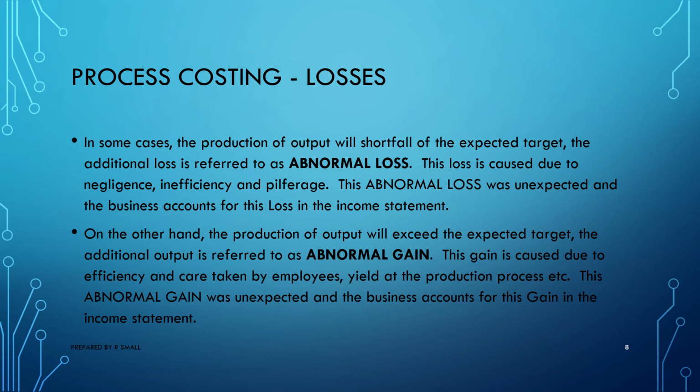This gain is usually due to the fact that your workers were very efficient, and care was taken by your employees. It could also be a situation where your material yield in the production process was more than you expected. So these are all reasons that you can have an abnormal gain. And this abnormal gain, as I said, was unexpected, and the business will also account for this gain in the income statement.